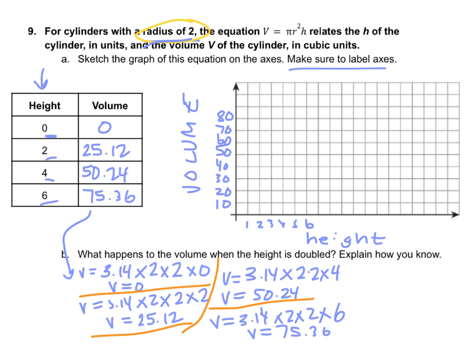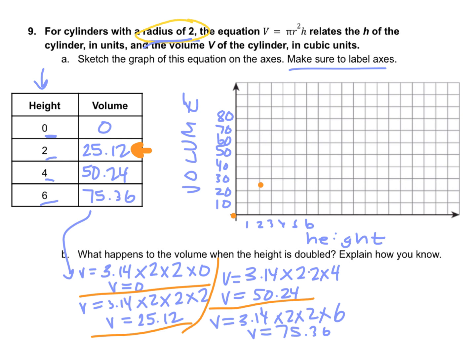Okay, now I just have to plot my ordered pairs that I have just created. So my first point is 0, 0, so that's right at the origin. My second point here is over 2 and up to 25. So that would kind of hover right in the middle there.